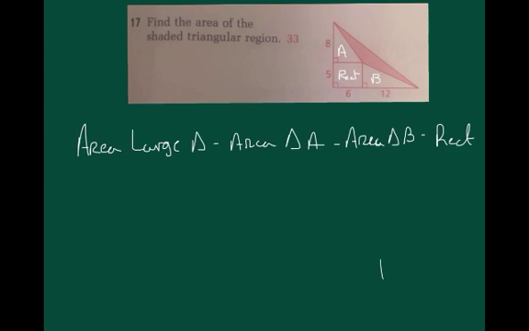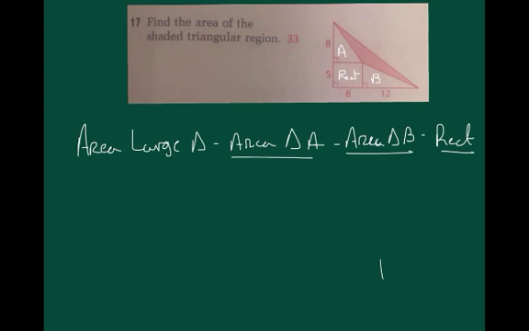I'm going to break the large triangle up into sections. We have the shaded section, we have what I've called triangle A, triangle B, and the rectangle. If I subtract the area of triangle A, triangle B, and the rectangle from the large triangle, all that's left is the shaded region. So that's what I'll do.